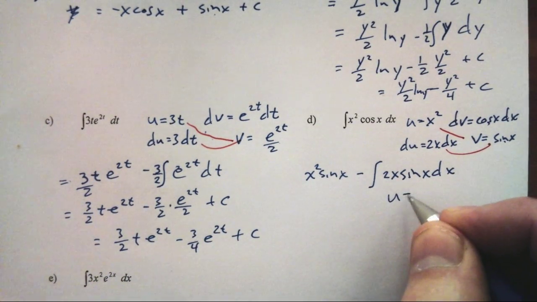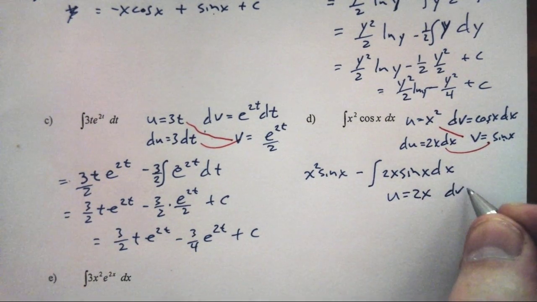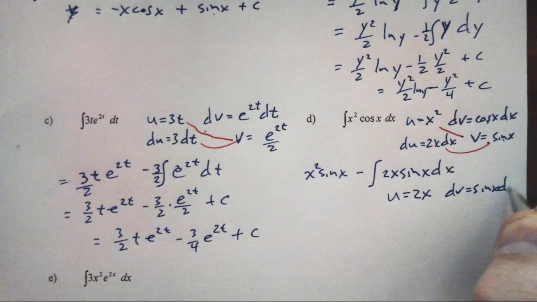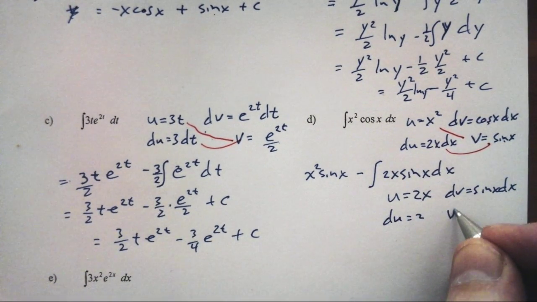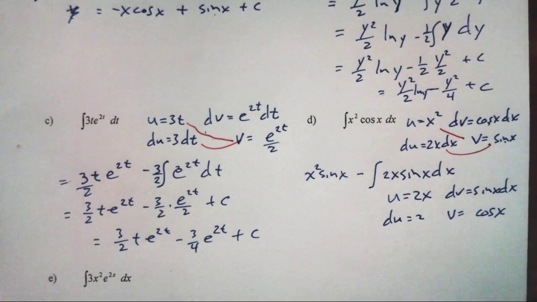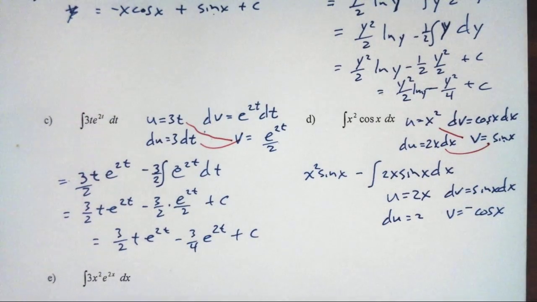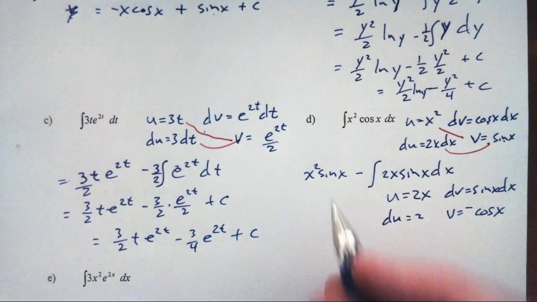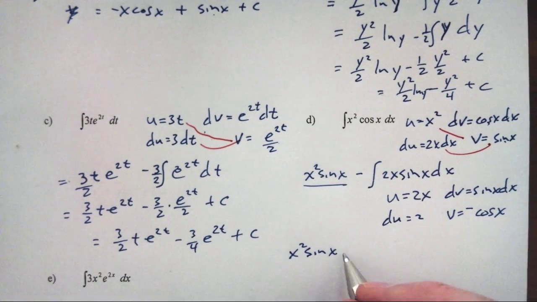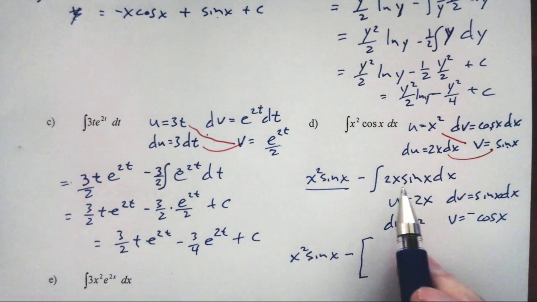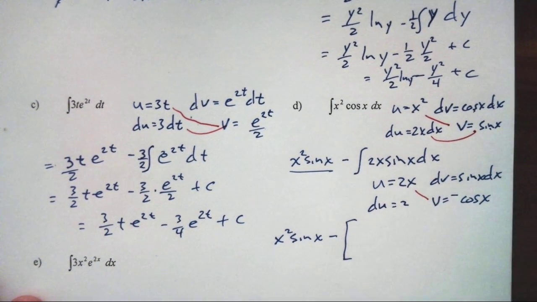I'm going to go u is 2x, dv is sine of x dx, du is 2. Plain old v wants to be cosine of x, but the derivative of cosine is negative sine, so negative cosine. And now I have patient little x squared sine of x waiting around for that integral. And that integral is the diagonal.